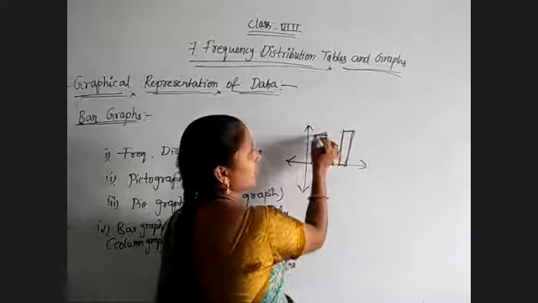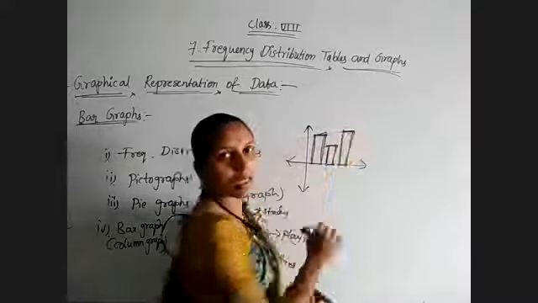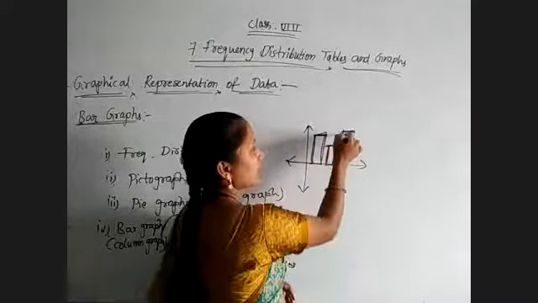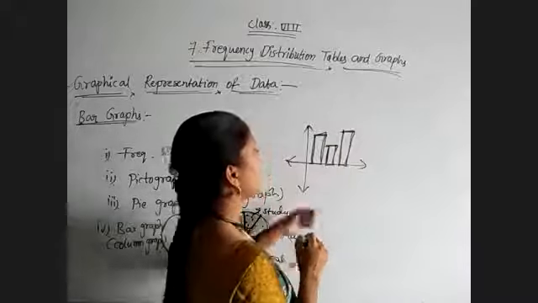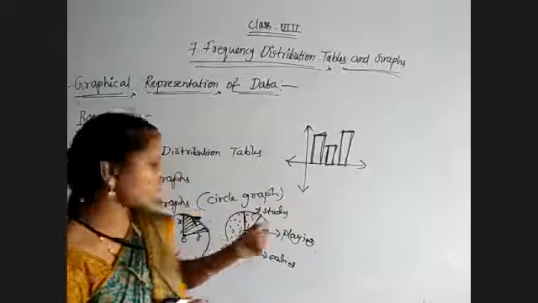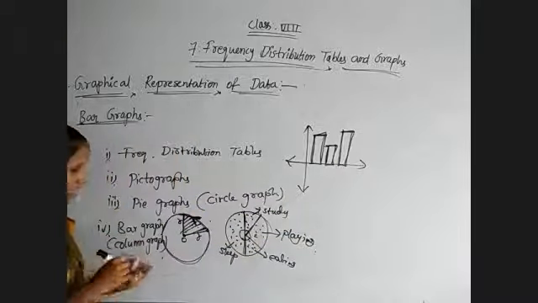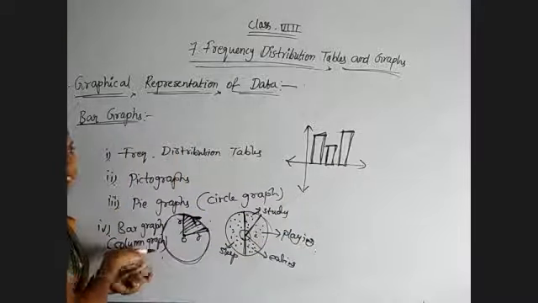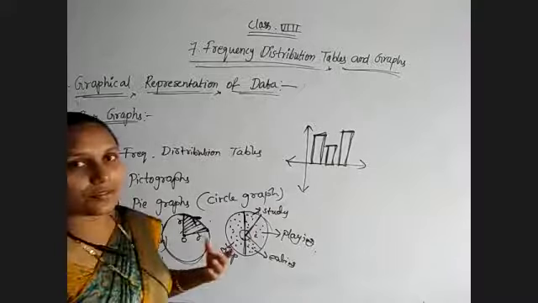The width of each rectangle is always equal; only the length will vary. So if the information is represented by using rectangles, it is known as a bar graph, and also as a column graph. We have two types of bar graphs.